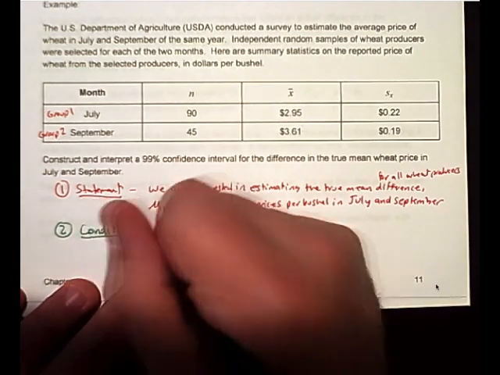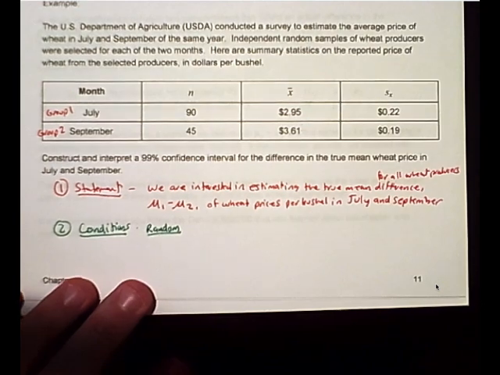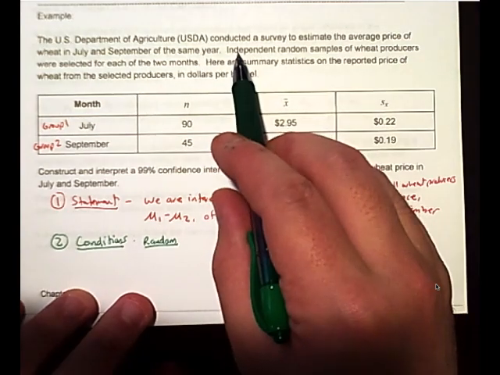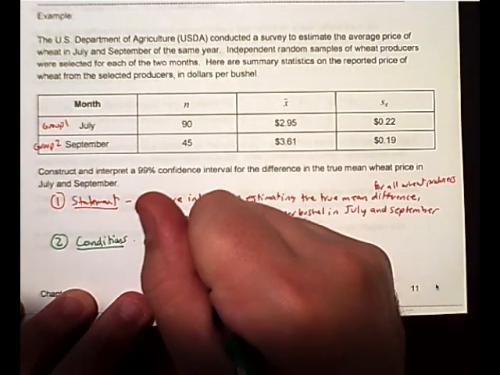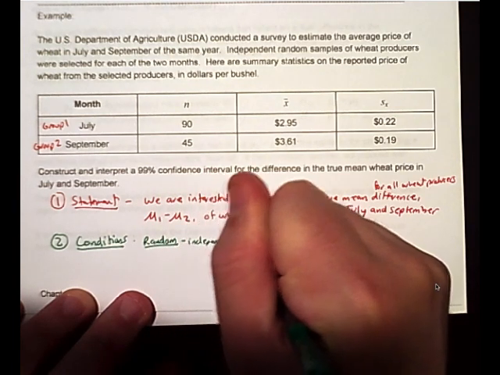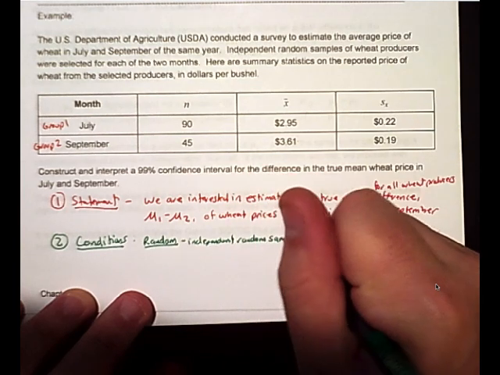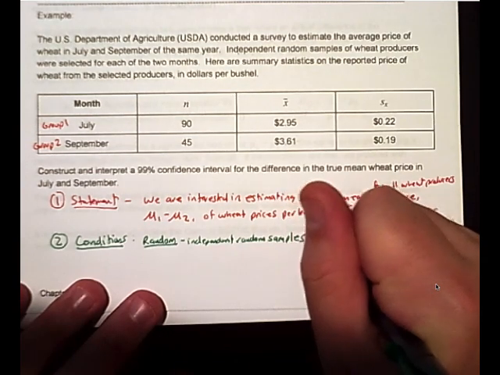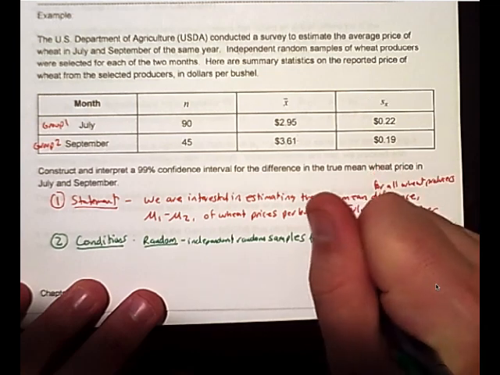So conditions, random. Look at this sentence right here, independent random samples. So that applies to both. They were random for both. For both stated in problem. For both groups.